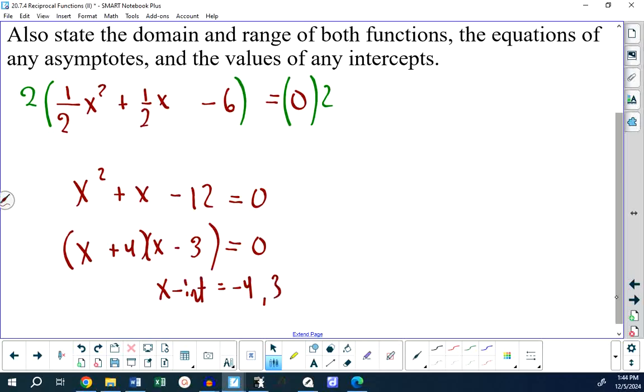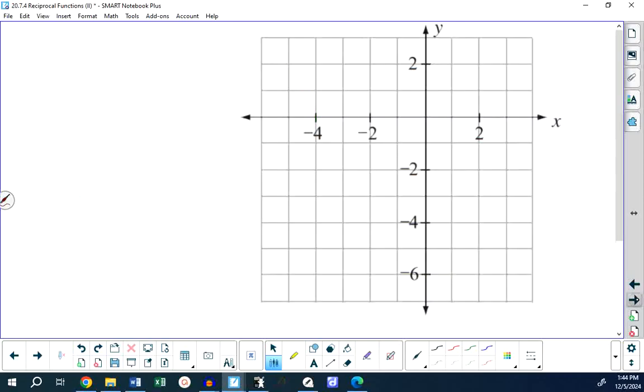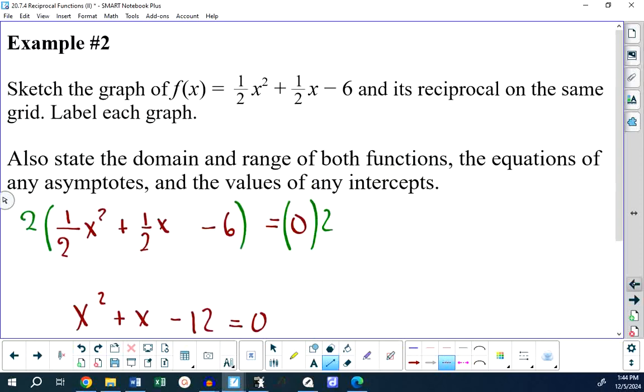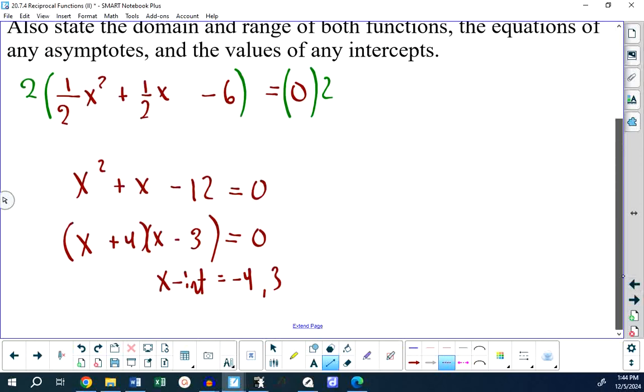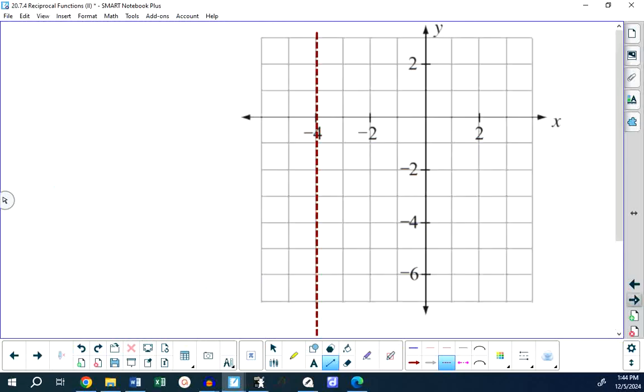I do want us to do that on paper. What does that mean? It means you're going to have an asymptote here. Was it minus 4 and plus 3? Yep. And you're going to have an asymptote here.